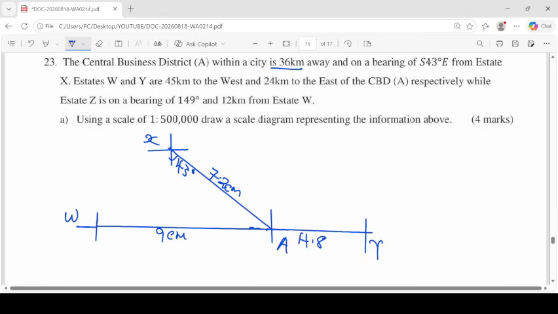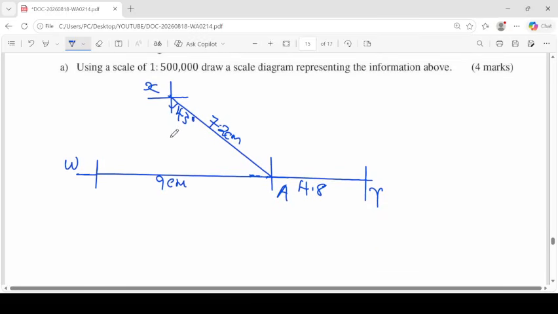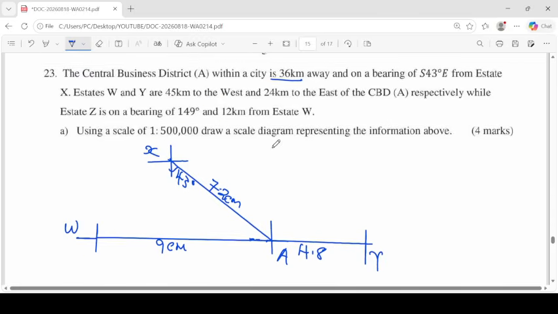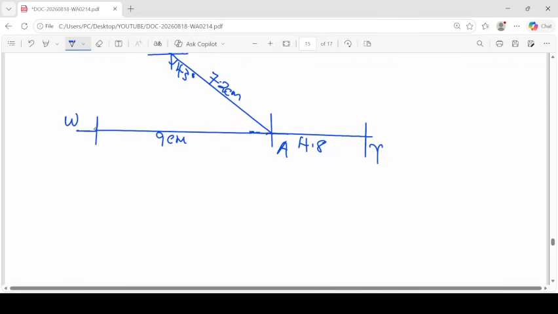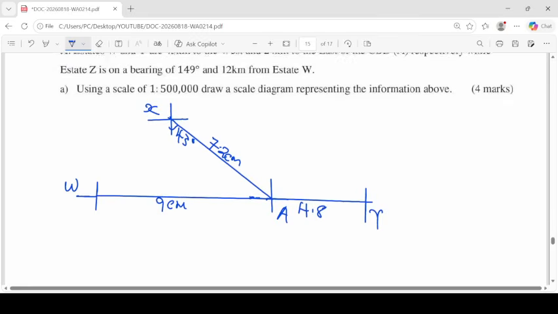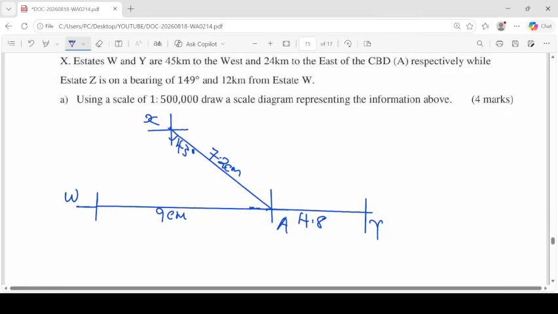Then we have Z, which is on a bearing of 149 degrees from W, and the distance is 12 kilometers. So 12 kilometers, you take 12 times 100,000. This becomes 1,200,000 centimeters. Divide by 500,000.